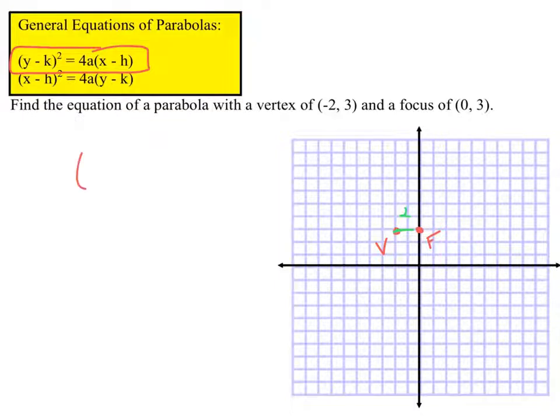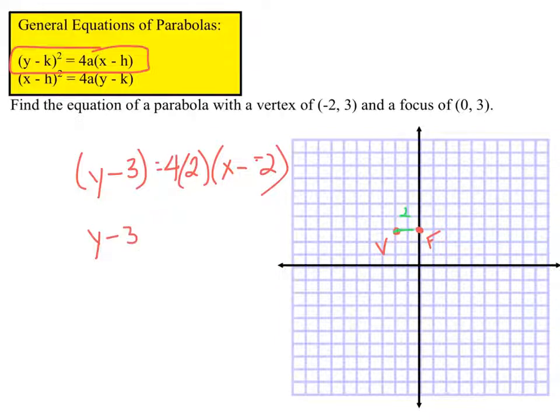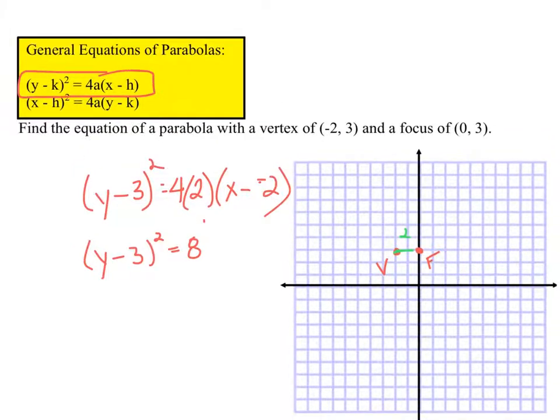So I've got y minus the y value of the vertex equals 4 times that distance, x minus the x value. So y minus 3, I forgot the squared, equals 8 times x plus 2.